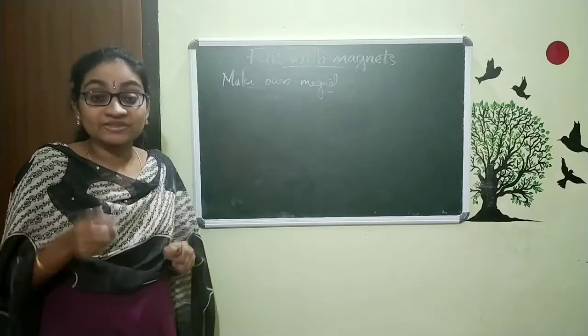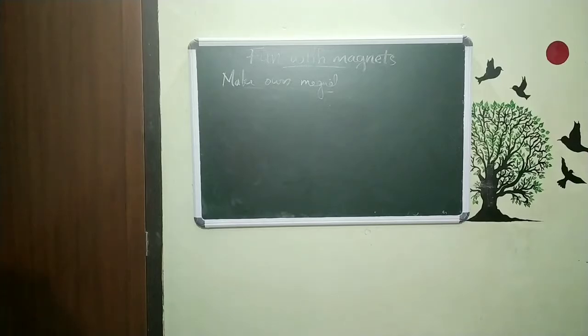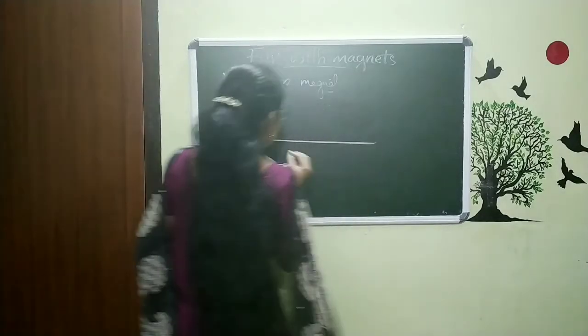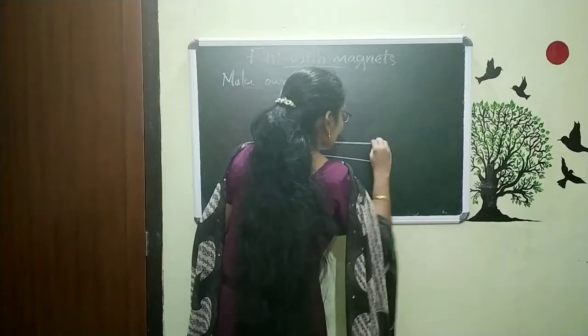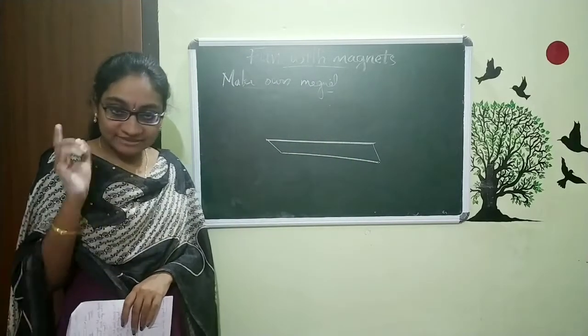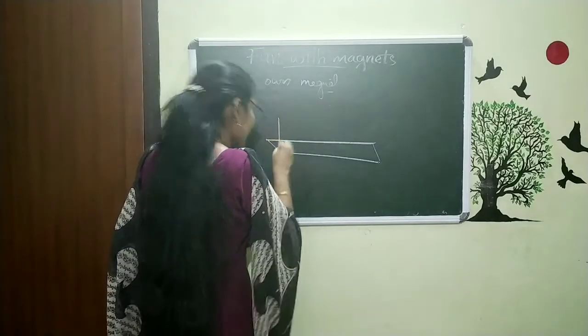Here we are using iron. So I just converted this iron scale to a magnet. So this is the procedure. We are just taking a piece of iron. And I am just taking the iron scale, then taking a bar magnet.